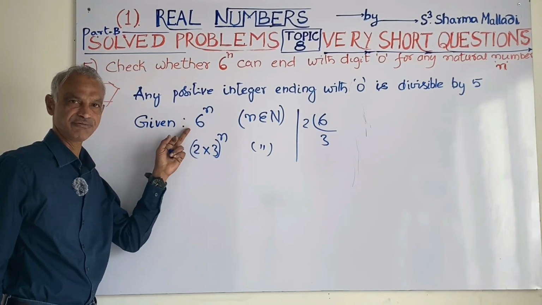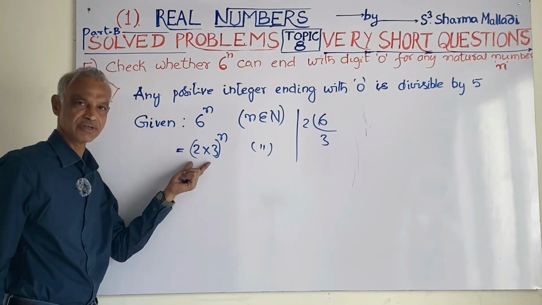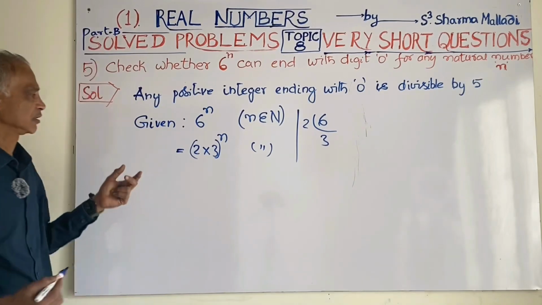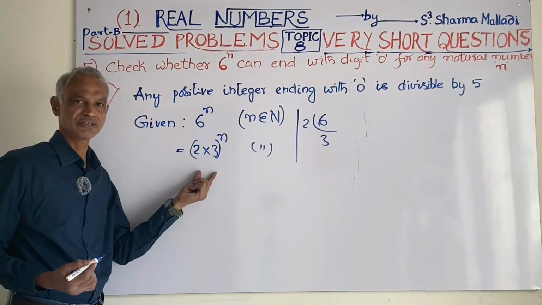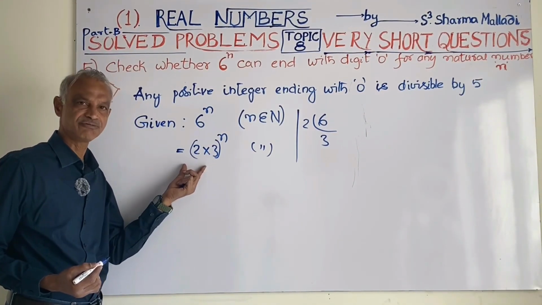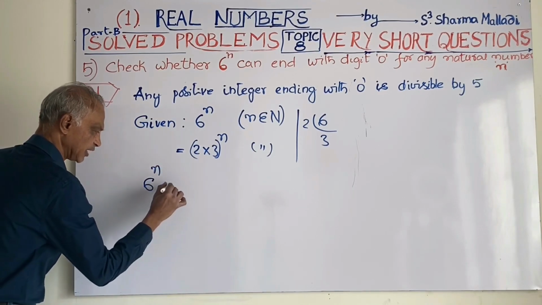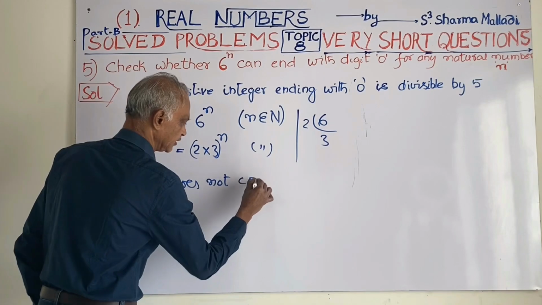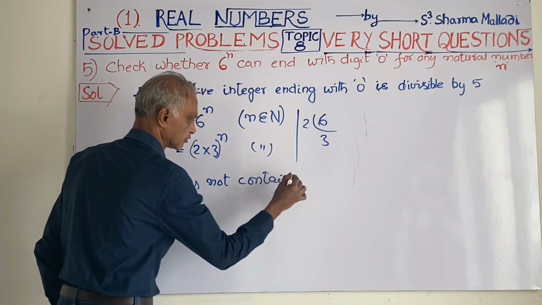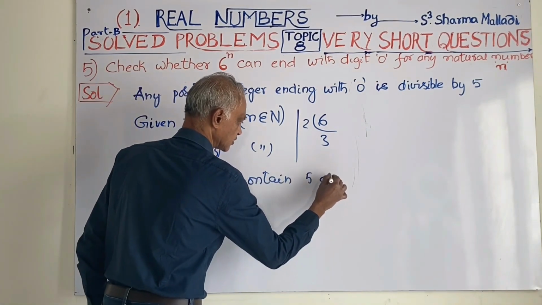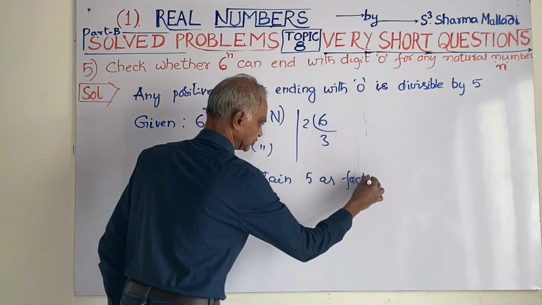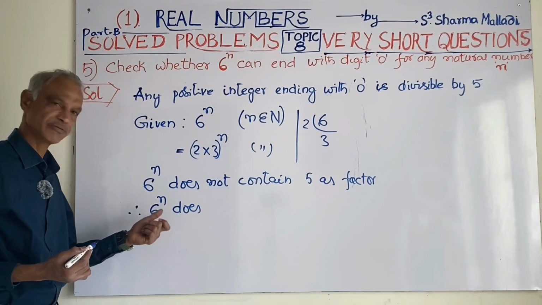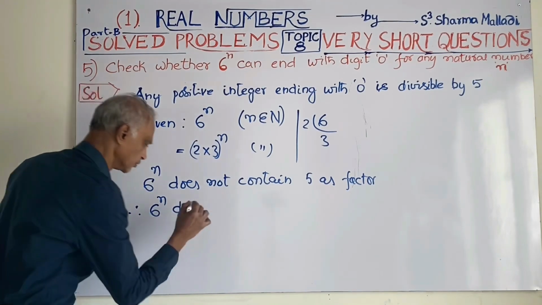It should be divisible by 5, but it does not contain 5 as a factor. 6 to the power of n does not end with 0 because it does not have 5 as a factor. It cannot be divisible by 5. Therefore, 6 to the power of n does not end with 0.